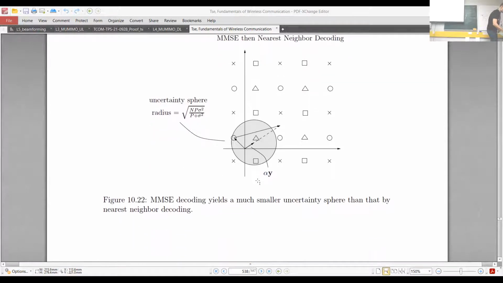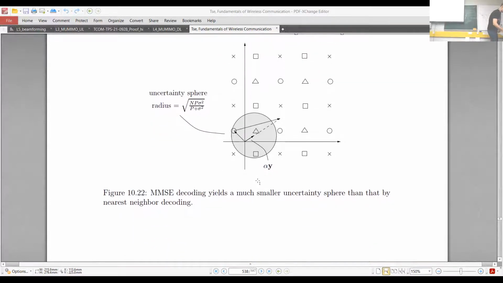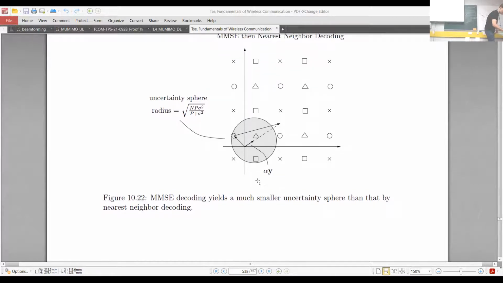So by using this optimum alpha, that's the most efficient way. So we can basically replicate these X spheres. That's the most efficient way of replicating these constellations.